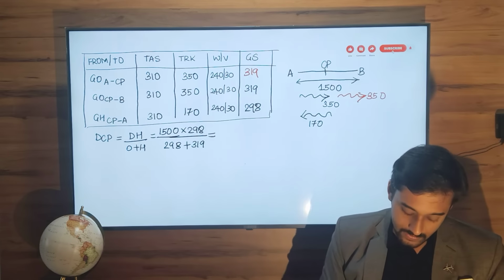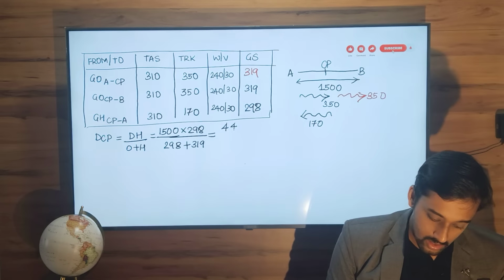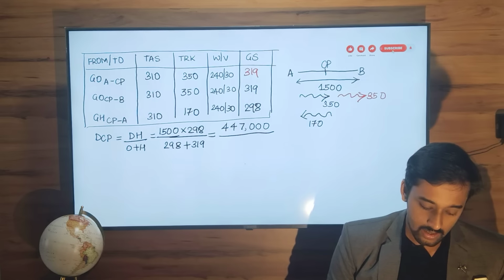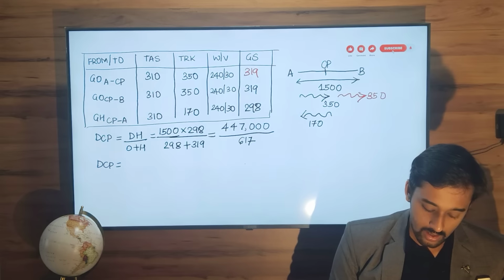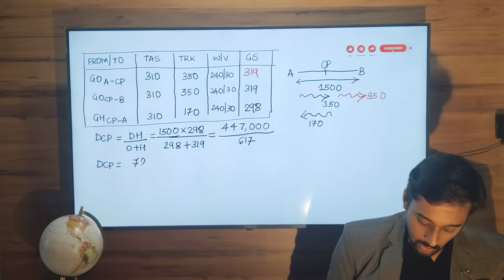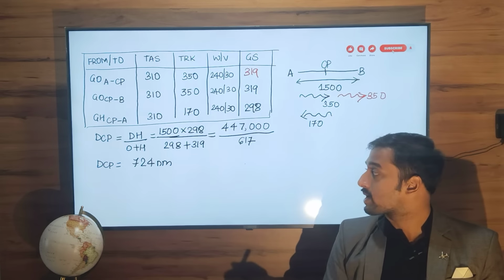So 1500 times 298 is 447,000, divided by 298 plus 319, which is 617. So 447,000 divided by 617 is equal to 724 nautical miles.